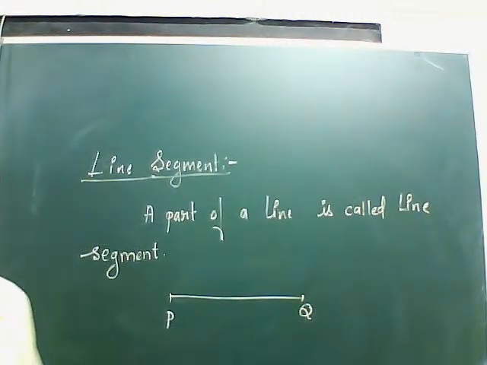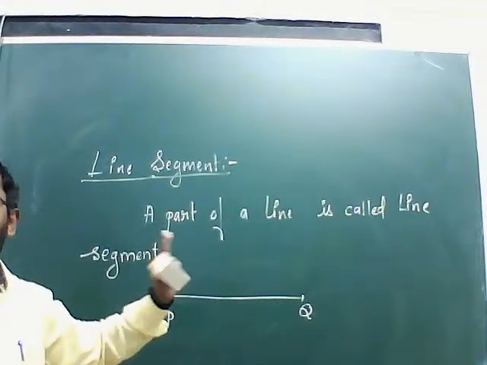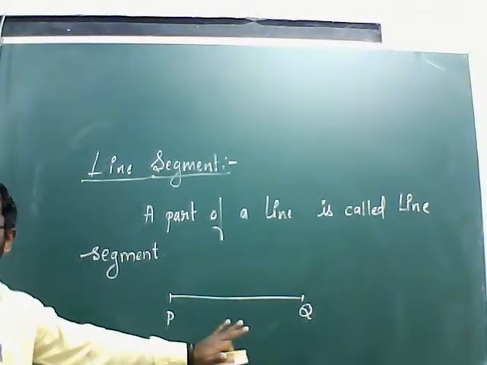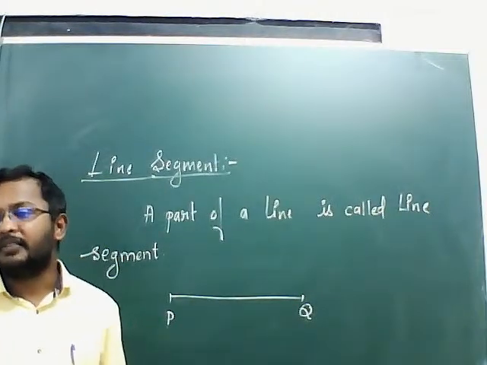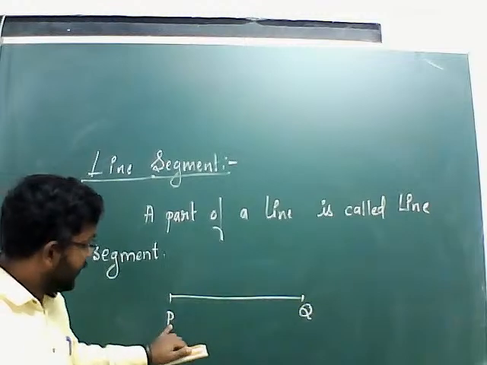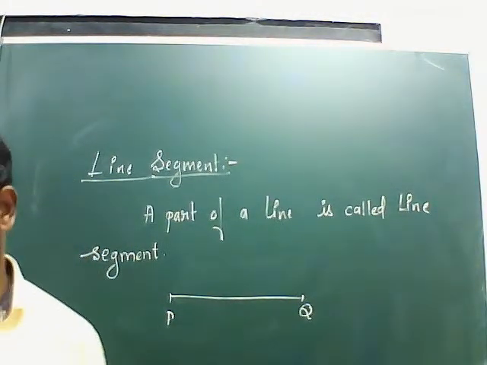Okay. So line segment is what? A part of the line is called a line segment. And that line segment we have to name using capital letters. End points should be named. And in order to name these points, we have to use capital letters.